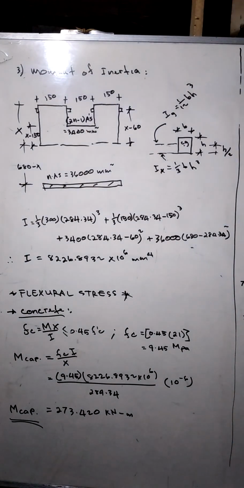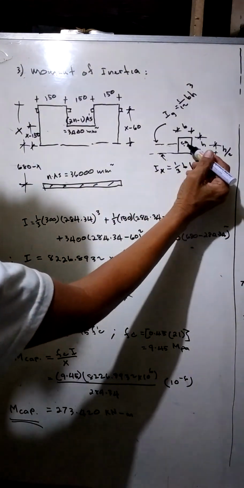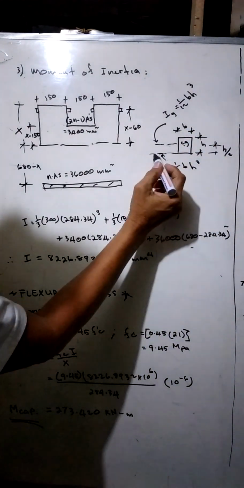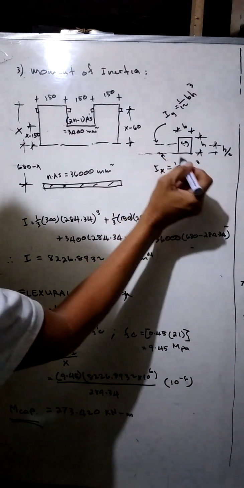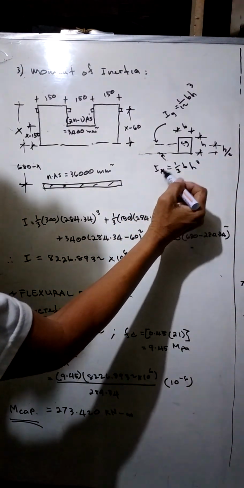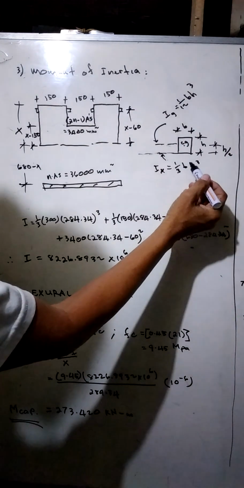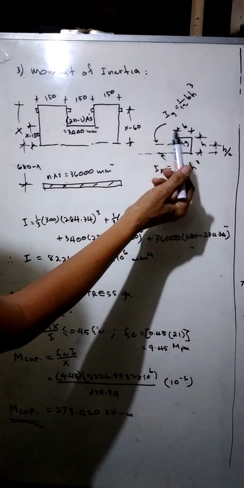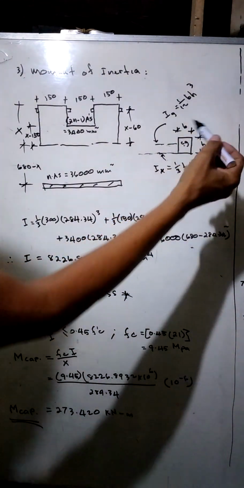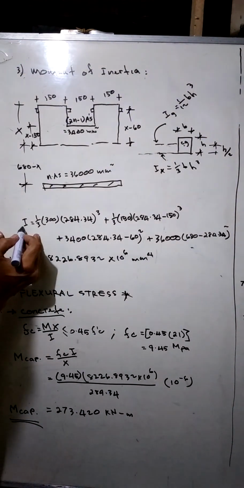Since our area is a rectangular shape, the moment of inertia with respect to the neutral axis, or x axis, is 1/3 BH cubed, and the moment of inertia at the center of gravity is 1/12 BH cubed. So computing that, we are going to compute the moment of inertia.